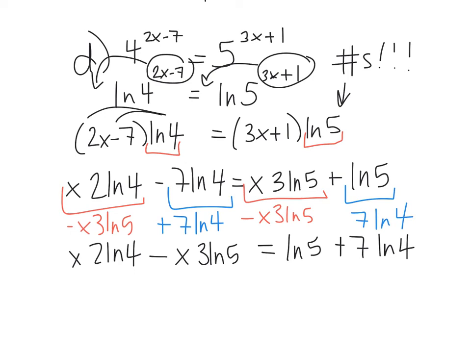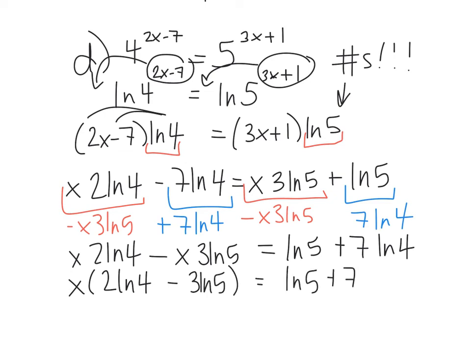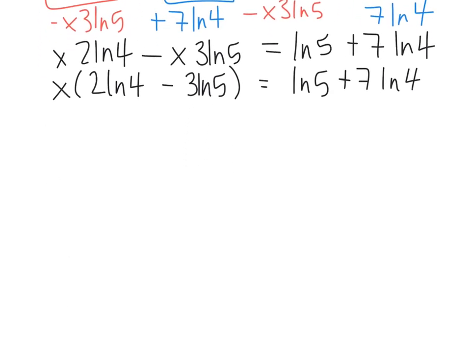Now, over here on the left-hand side, both of these have an x, so I'm going to factor out an x. So I get x times 2 ln 4 minus 3 ln 5 equals ln 5 plus 7 ln 4.